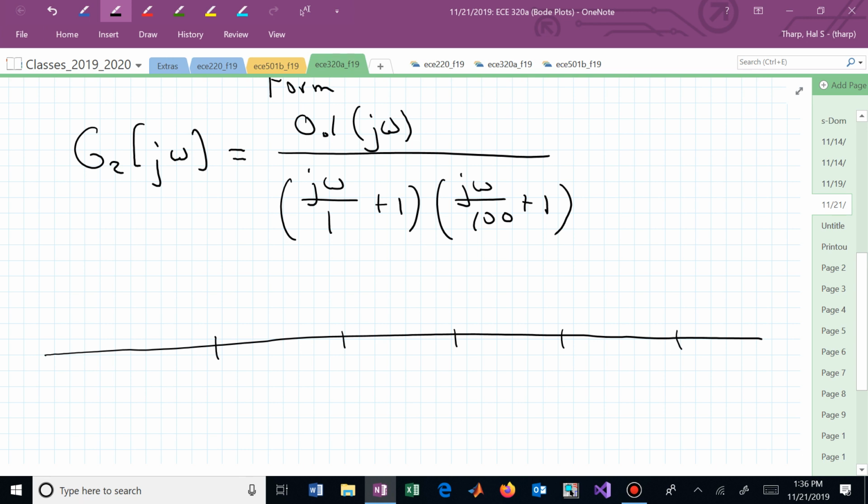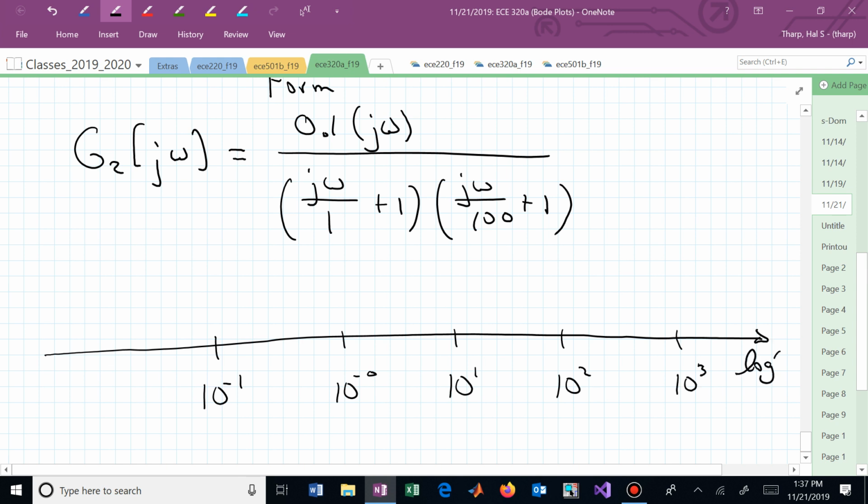Probably a decade or less, but we know that the last break is occurring at 1. Yeah, I should have done it at 1 because I'm running out of space. Let me do 1, 0, 1, 2, and 3. This is now log of omega. We said that that constant term was 20 log of 0.1. That's minus 20 dB.